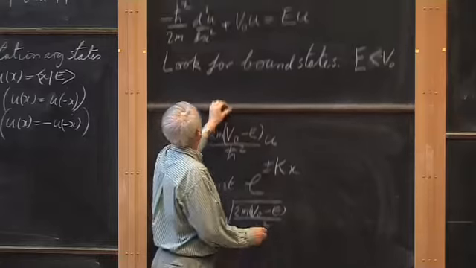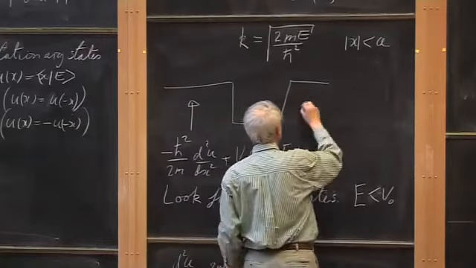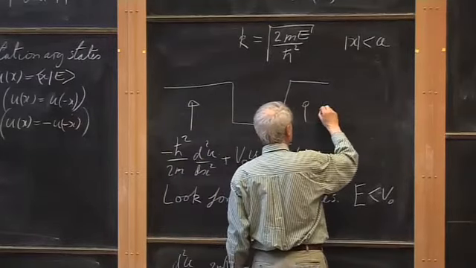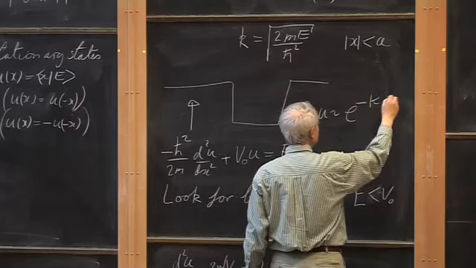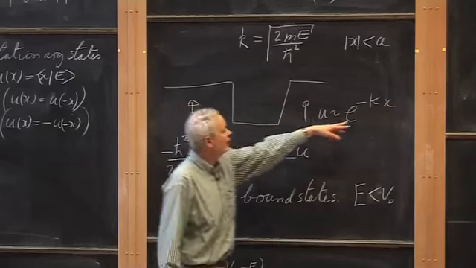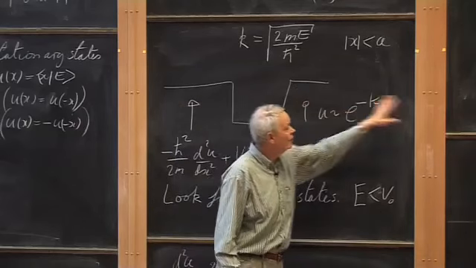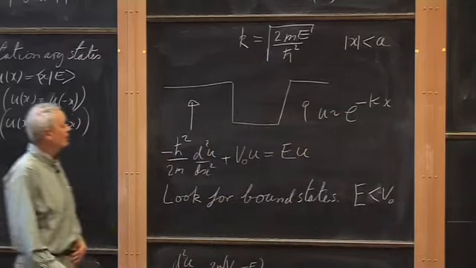So the consequence of that is that in this zone here, we take that u is proportional to e to the minus Kx, because x is positive over there, and that means the bigger x gets, the more we move over here, the smaller the wave function becomes.